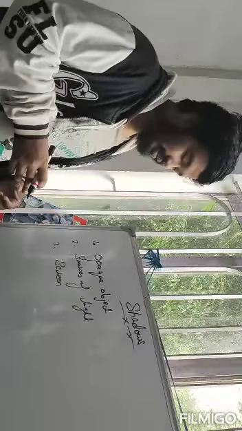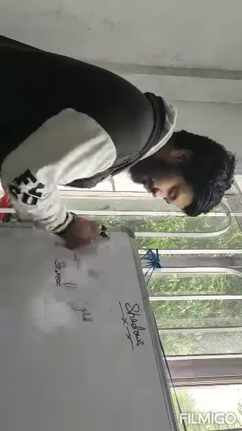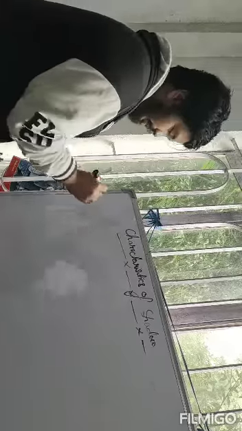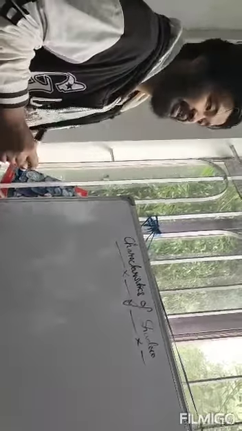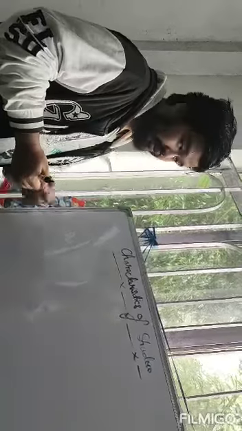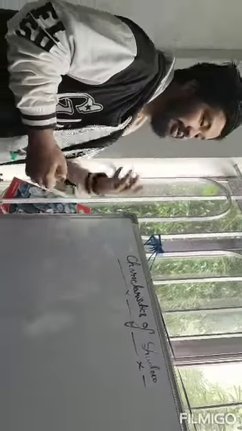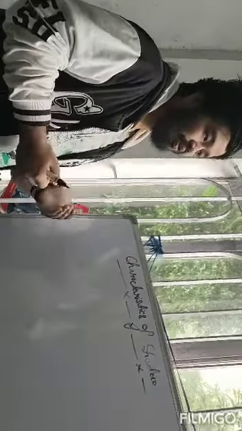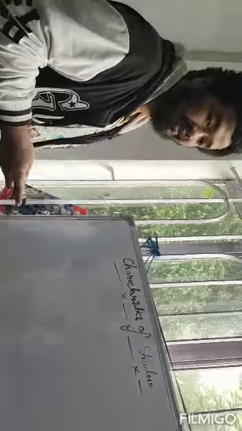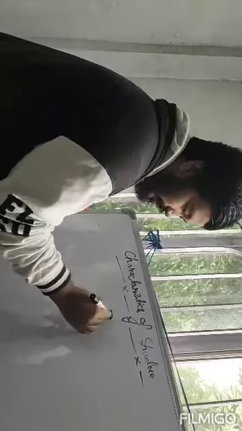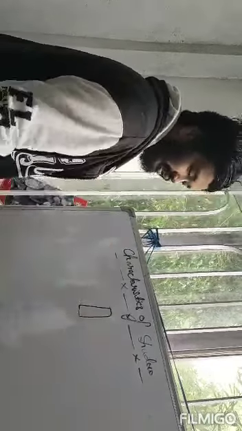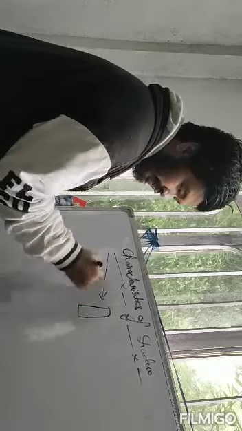Now we will see some characteristics of shadows. First, like I said, shadows are always formed on the side opposite to the light. Suppose there is an object out here, and from here the ray of light is coming.